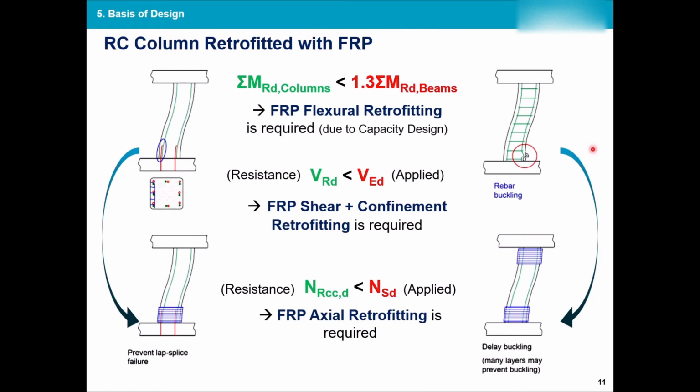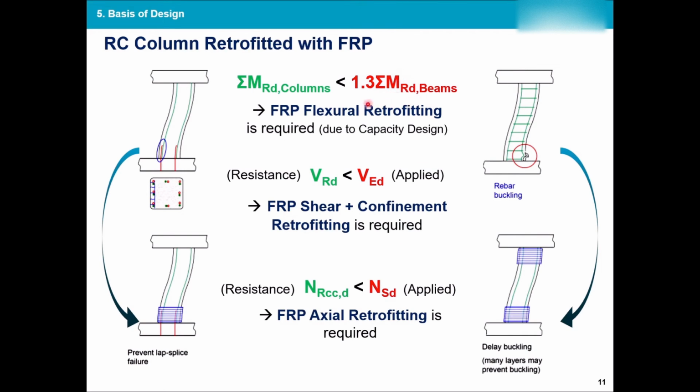The testing of whether you need FRP and whether there is any issue is very similar to what we did with the beam. You just test the capacity or the resistance of your section in terms of flexural, shear, confinement, and axial against what is applied.